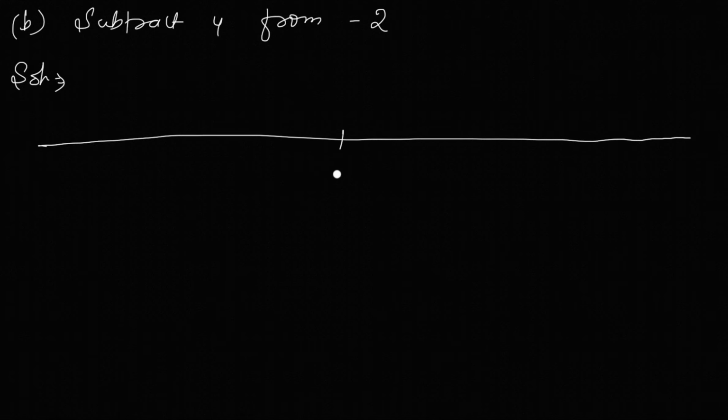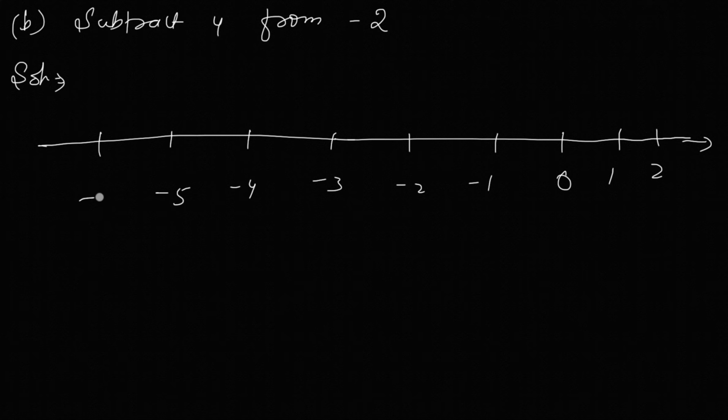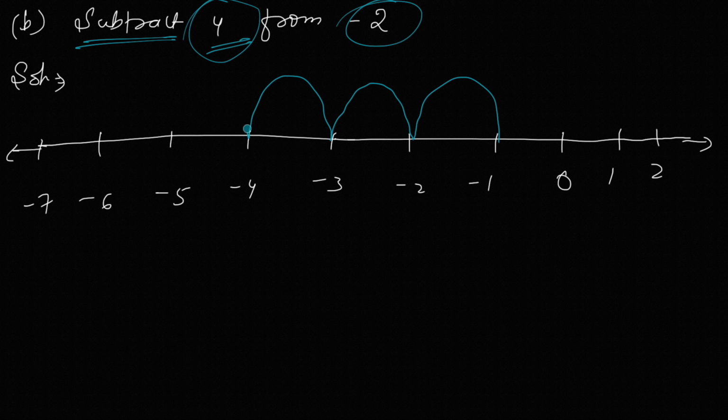Here is 0, here are the positive numbers, and it will go on, -1, -2, -3, and so on. So we have to start from -2 and we have to move backward because we are subtracting 4. 1, 2, 3, 4.